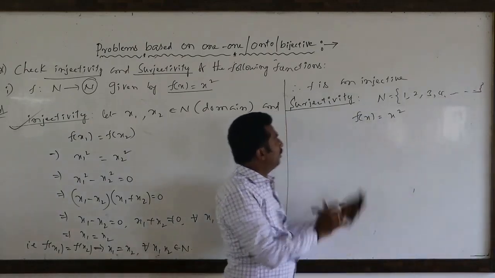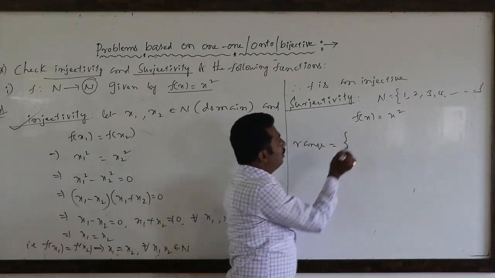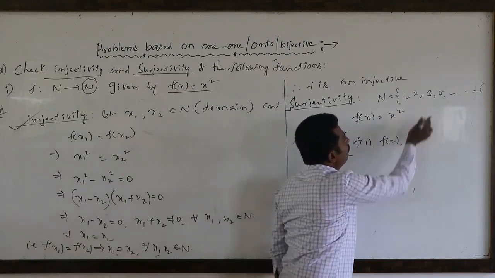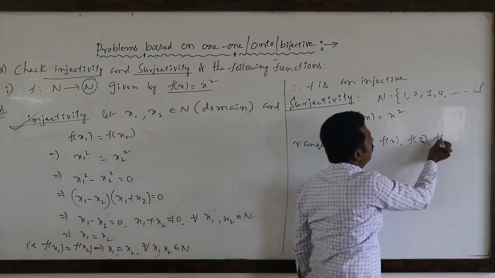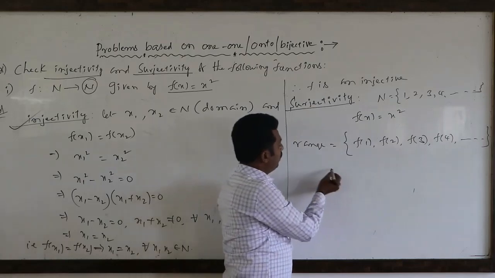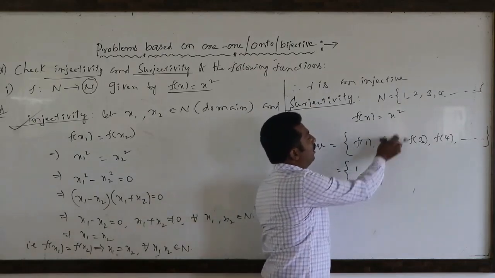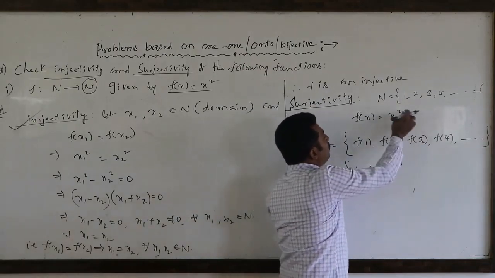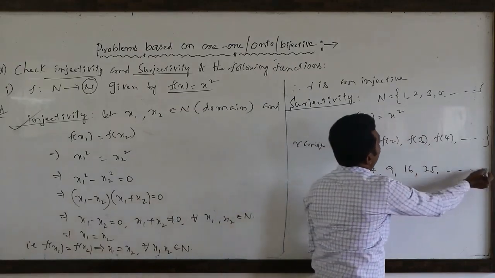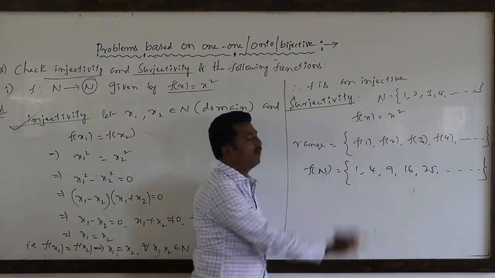If I substitute x equal to 1, f of 1, x equal to 2, f of 2, x equal to 3, f of 3, x equal to 4, f of 4. So what are the values? f of 1 is 1, x equal to 2 gives 4, x equal to 3 gives 9, x equal to 4 gives 16, and so on. So very clear, this is the range of the function.